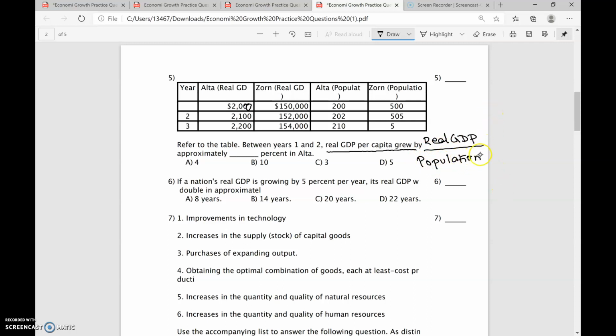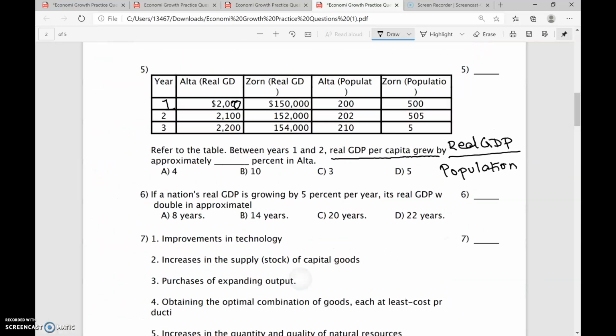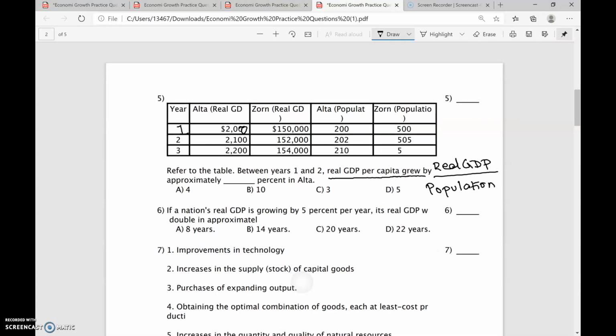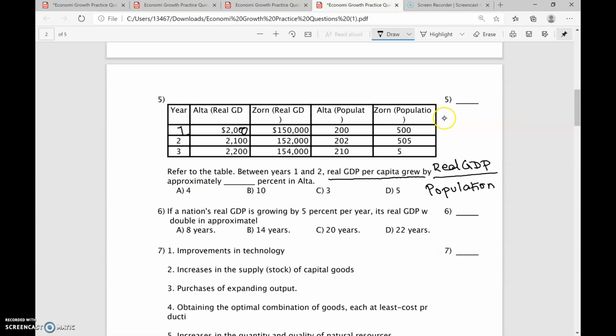We can do it for year 1 and for year 2. So I can just make a column here. Okay, this one is going to be the real GDP per capita for the economy of Alta.